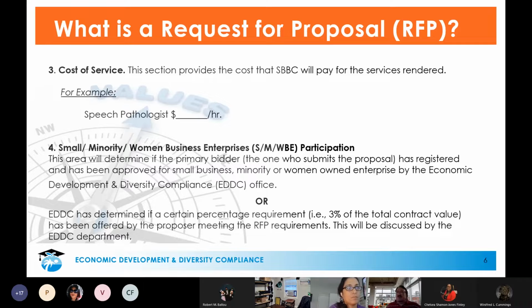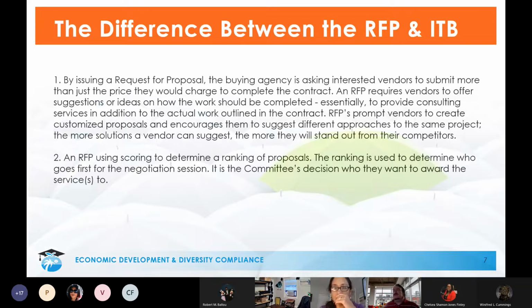So part of this program, EDDC will go over what is requested for you to be able to register and how to participate in awarding a subcontractor as part of your contract, with a certain percentage here showing what they require in order for you to obtain a certain point value for your proposal. Okay, we'll move to the next slide.